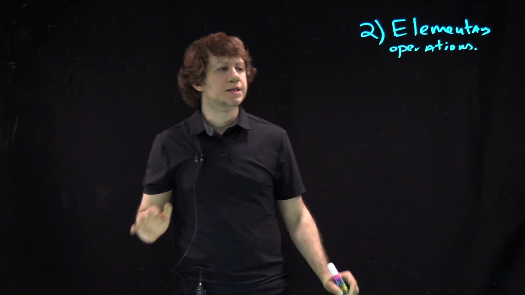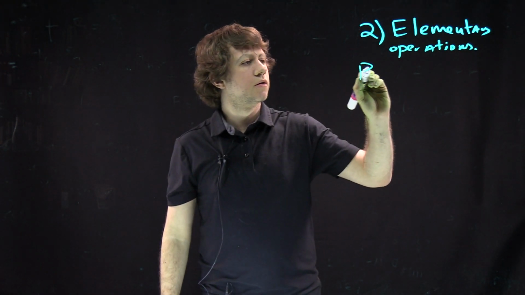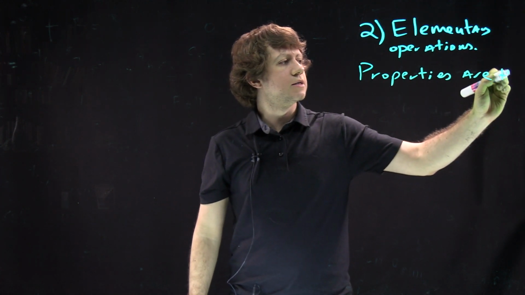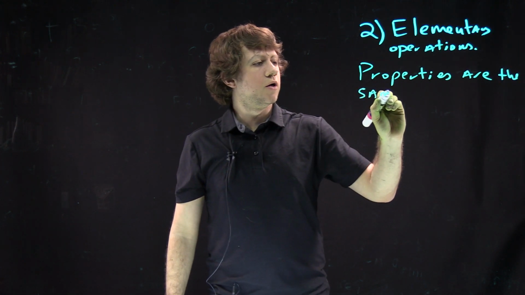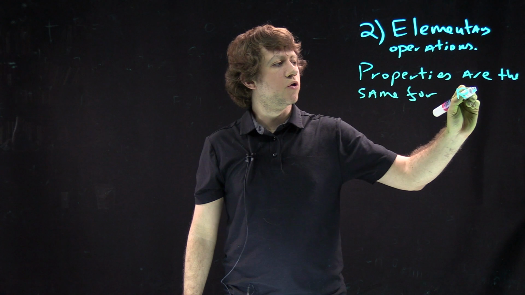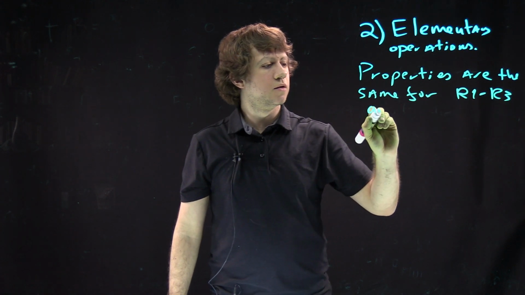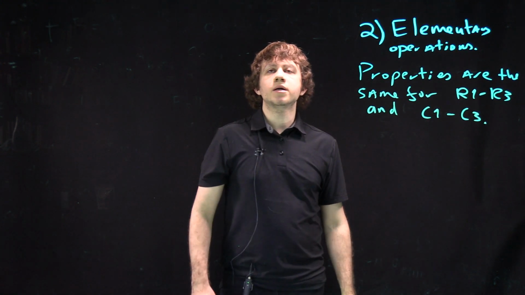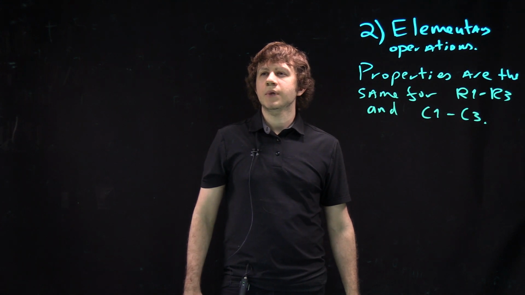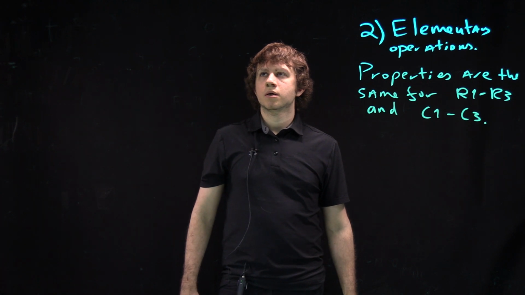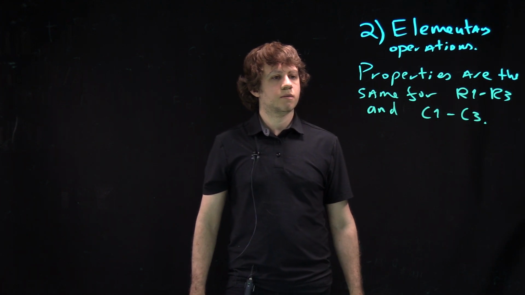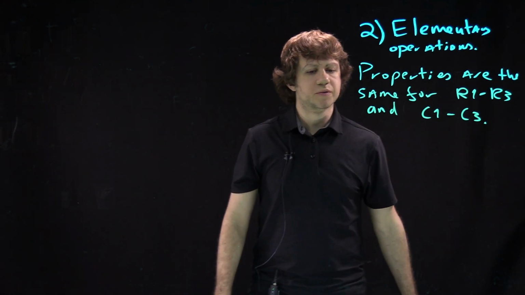So all properties are the same for these elementary operations for rows and for columns. And let's see what is easier. It's definitely easier to do operations with columns. Okay, so let's do them with columns.